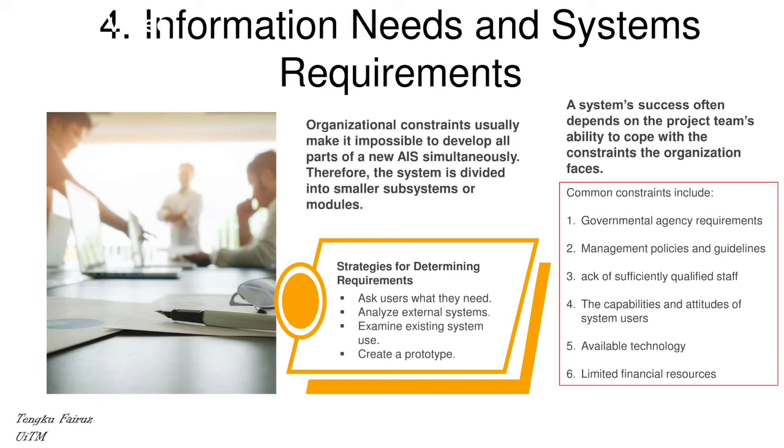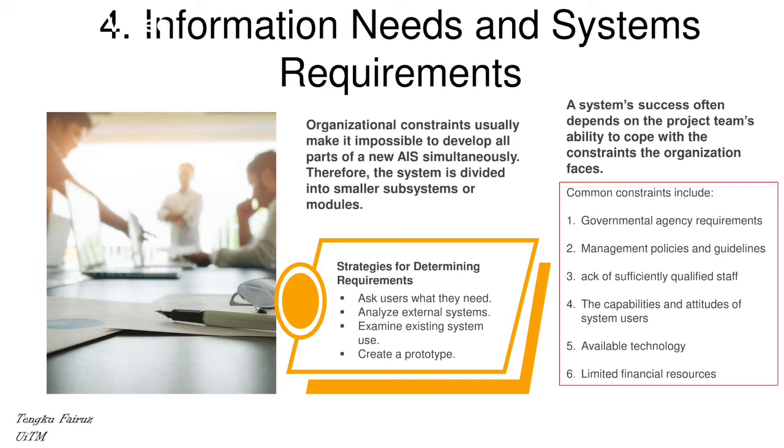Okay, so the common constraints include governmental agency requirements. Maybe they have different requirements from the government, for example related to tax regulations, or anything external from a government agency.